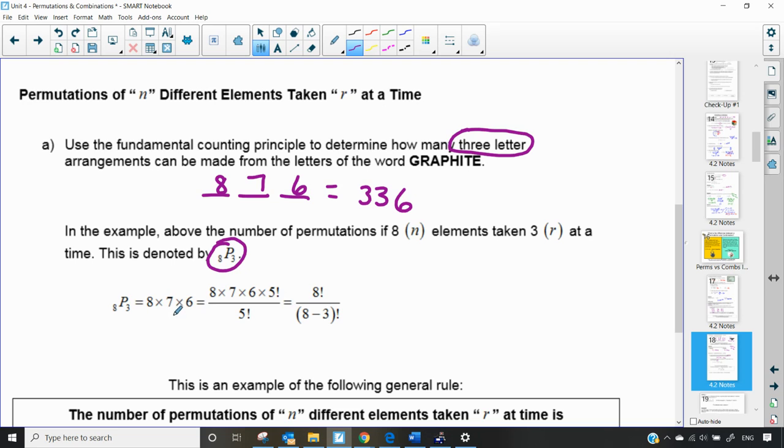And if you remember from our factorial notation before, from yesterday's lesson, we have 8 times 7 times 6 times 5 factorial all over 5 factorial. So it's just another way that we can write this. We can also write 5 factorial as (8 minus 3) factorial. Well, if I put that all in my calculator, I'm going to get 336.